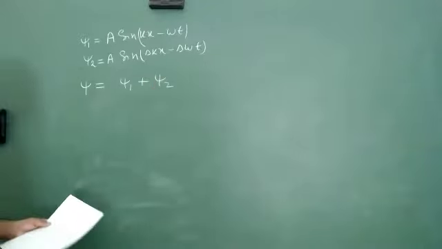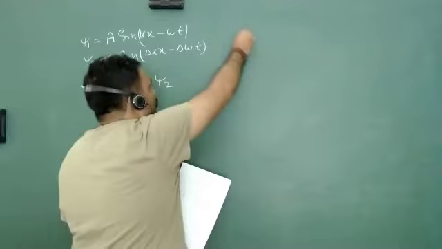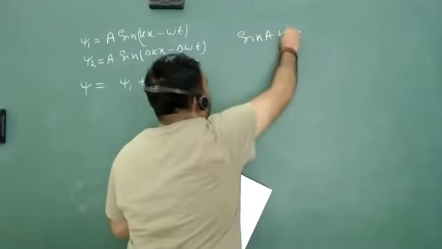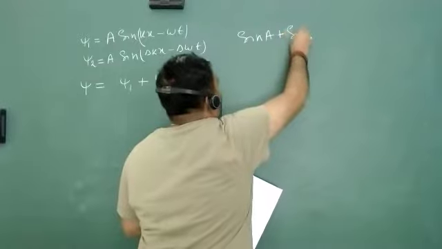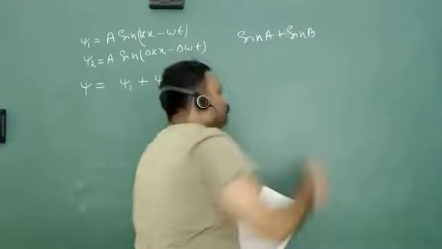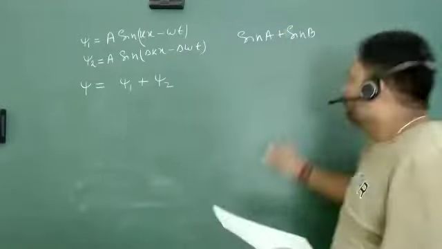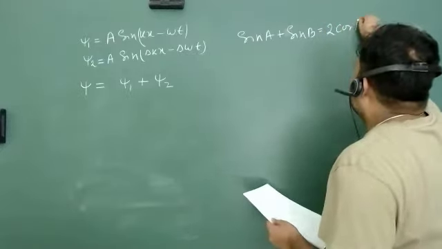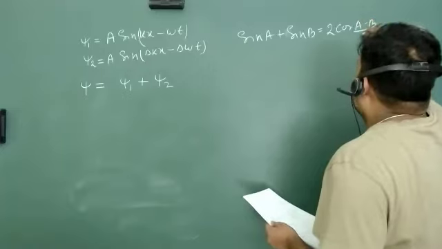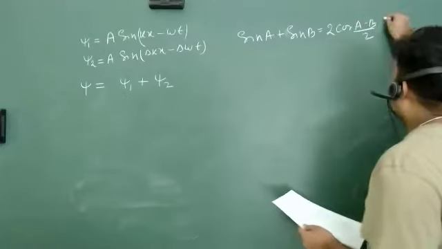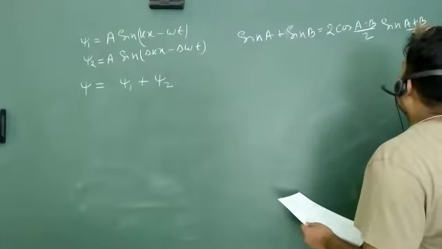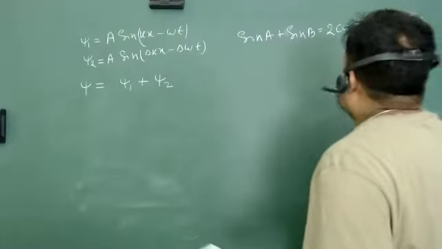And what is this formula? I am using the formula sin A plus sin B is equal to 2 cos((A minus B)/2) sin((A plus B)/2).